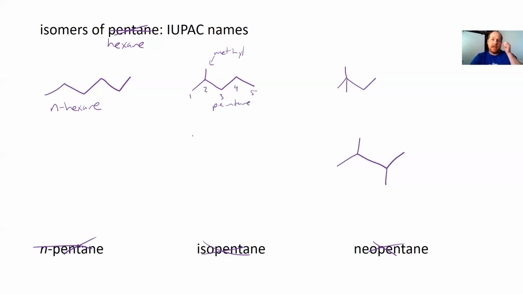And so we have 2-methyl pentane. On the next one, we have 1, 2, 3, 4 carbons in our longest chain. We've got a methyl there and a methyl there.